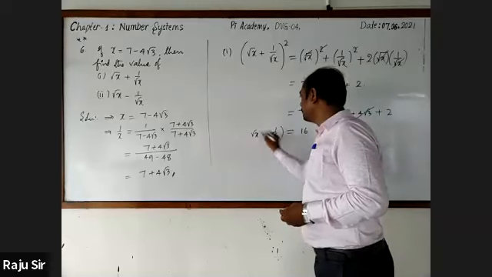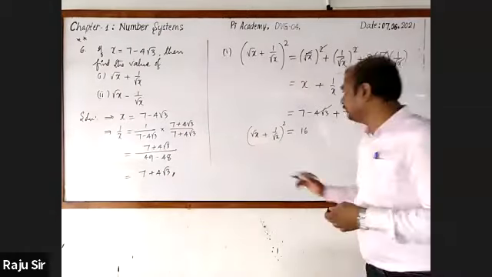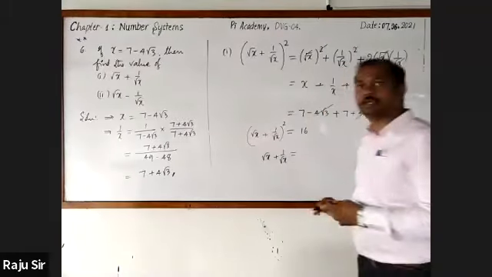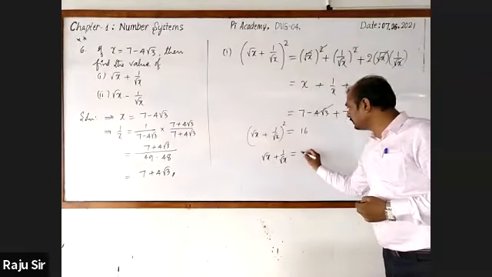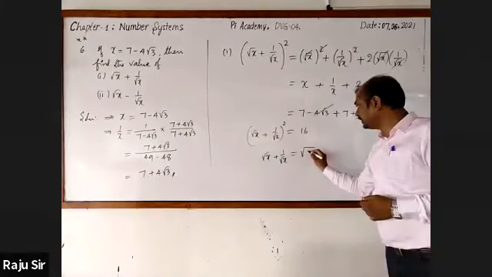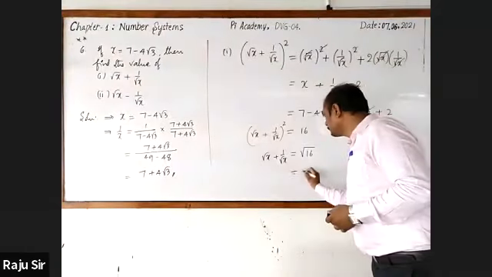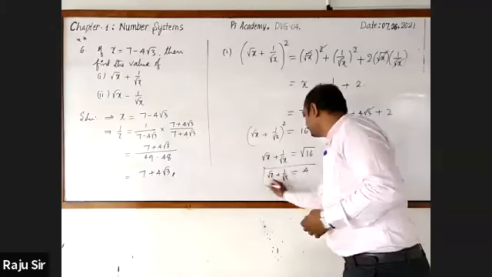Now root x plus 1 by root x whole square is 16. But we want the value of root x plus 1 by root x only. As the square is there, I'll apply the square root on the right hand side. It will be the square root of 16, whereas the square root of 16 is 4. Root x plus 1 by root x is 4.